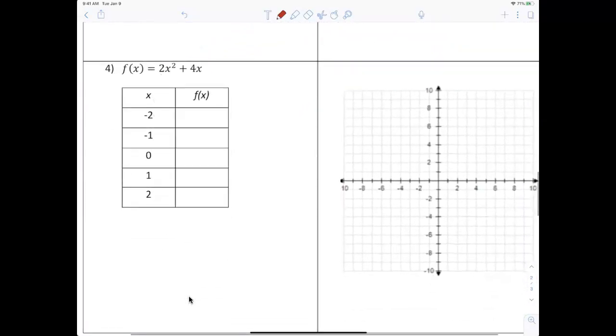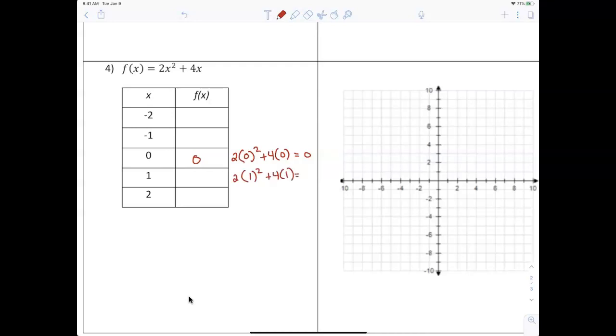Kind of similar here. Again, I'm going to start out with 0. If I let x be 0, I get 2 times 0 squared plus 4 times 0. I'm sure everybody knows that's 0. Now I'm going to plug in 1, so it'd be 2 times 1 squared plus 4 times 1.